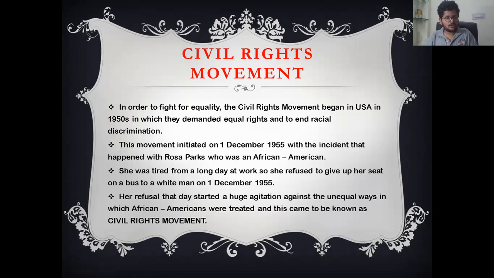In order to fight for equality, the civil rights movement began in USA in the 1950s, in which they demanded equal rights and an end to racial discrimination.